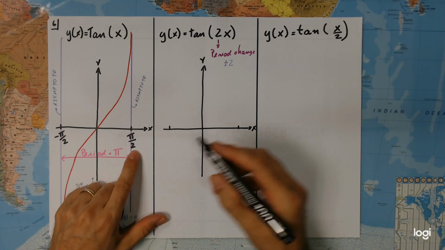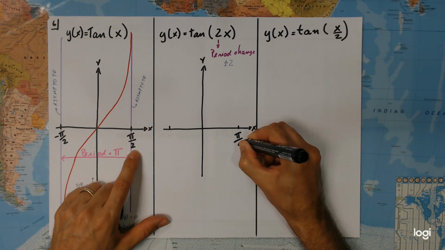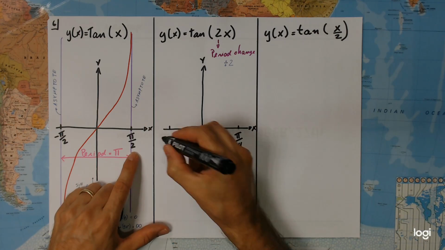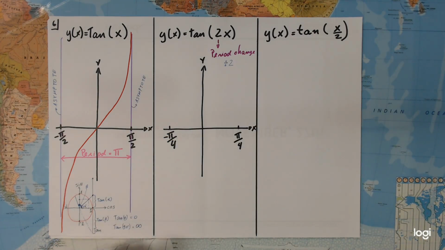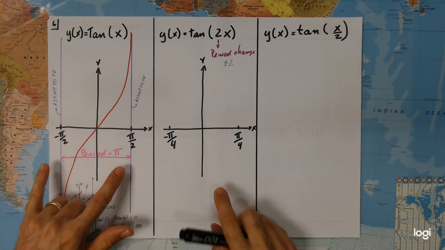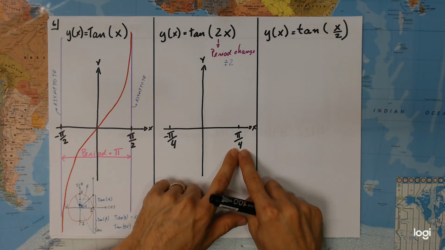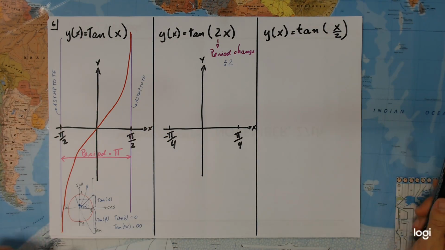Since here is pi over 2, this is going to be pi over 4. Why? Half of this one. This is going to be negative pi over 4. Everything is going to be divided by 2. The period will also have to be pi over 2, and if you just add pi over 4 with pi over 4, we get pi over 2.